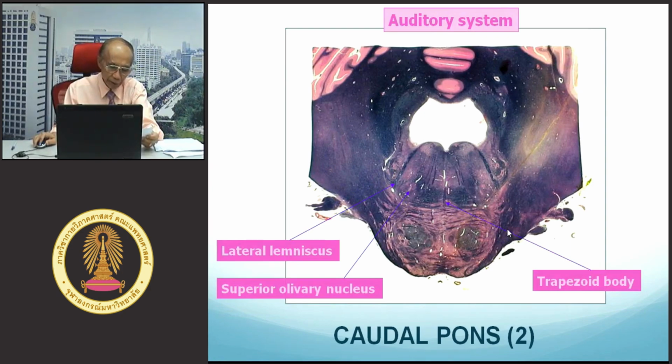The auditory system includes lateral lemniscus, which is concerned with hearing, superior olivary nucleus, and trapezoid body.